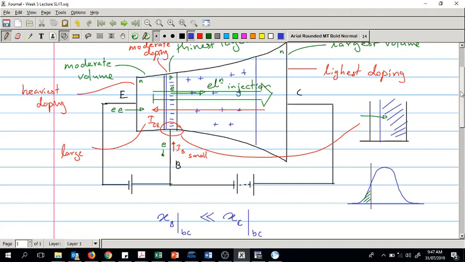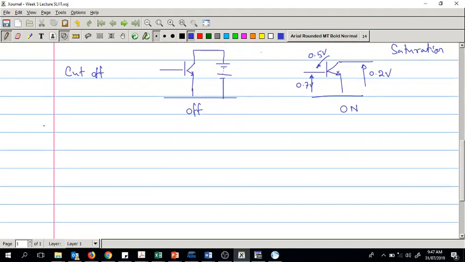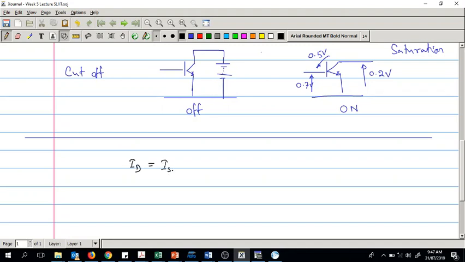For a diode, we know that the characteristic equation is ID equals IS e to the power Vd over Vt minus 1.